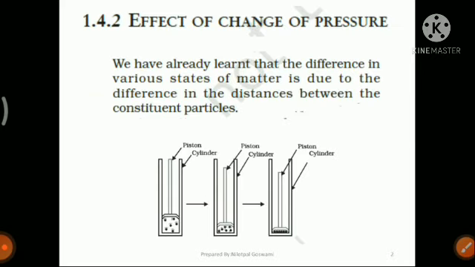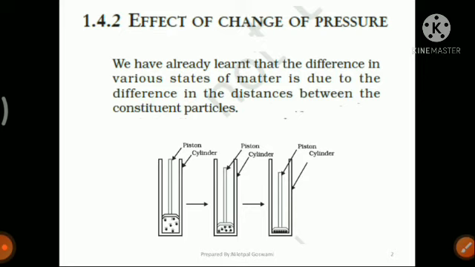Today we will be looking at the effect of change of pressure in converting matter from one state to another state. In our previous video classes as well as on the Zoom live classes, we have seen how increasing or decreasing pressure affects the change of state.